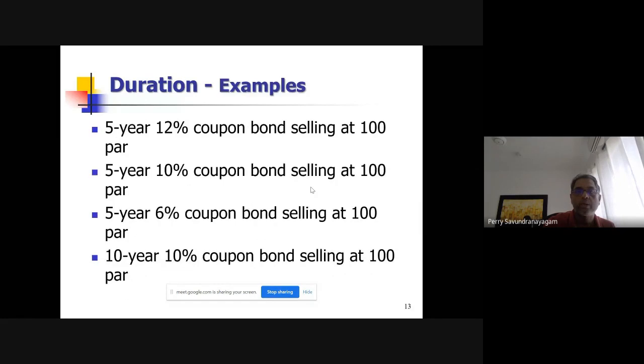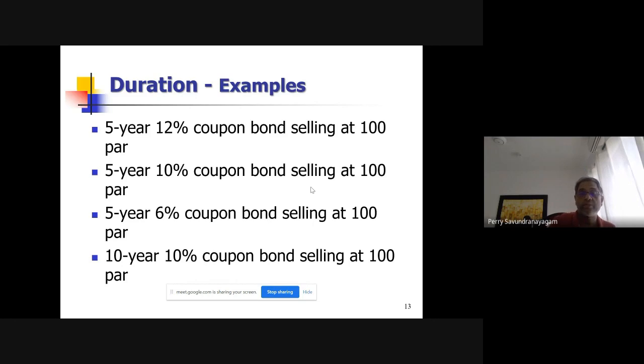So let's just look at a few quick examples before we go into more descriptions. You take a 5-year 12% coupon bond. So the coupon on the bond is 12%, selling at 100, basically at par. So we say 1 million rupees, 5 years, and we'll say the 12% coupon is paid every year.